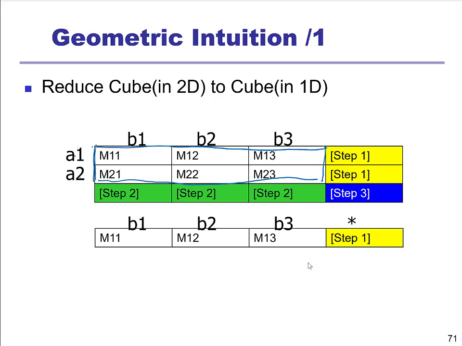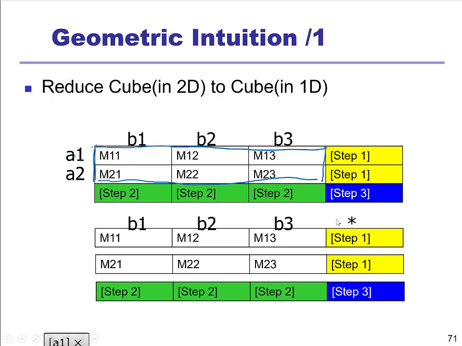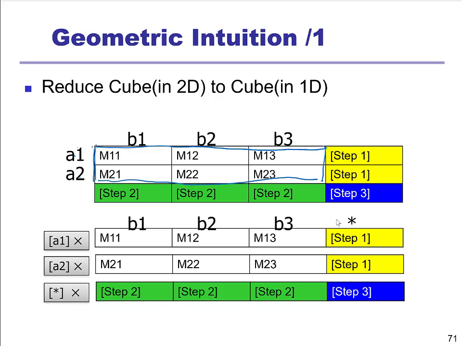So this is essentially a 2D cube, and we want to reduce it to 1D. We have this white part initially, and for the first step, we want to compute when it's B, because each cell corresponds to A1.